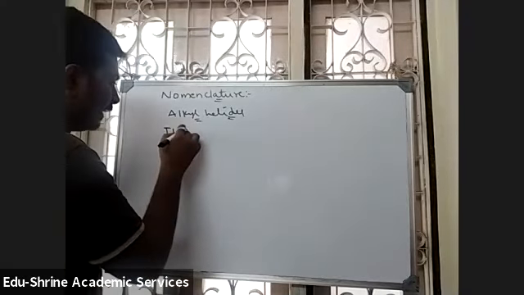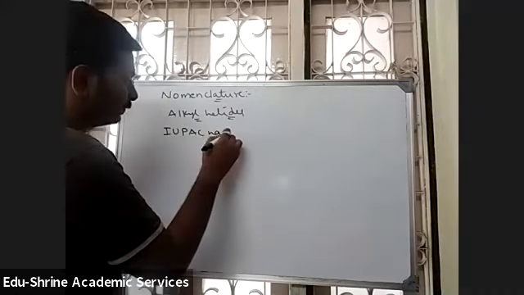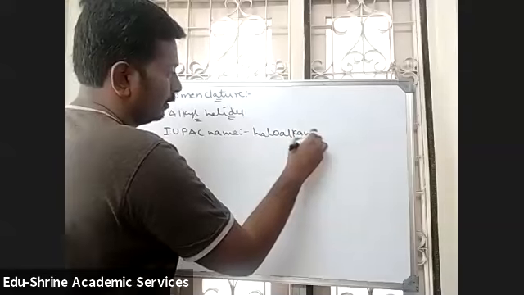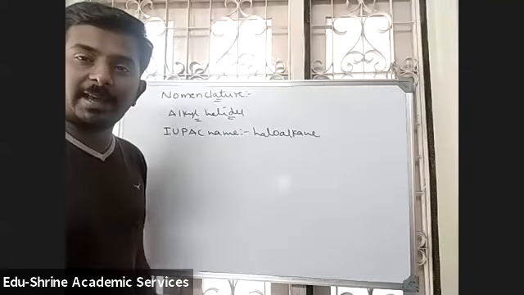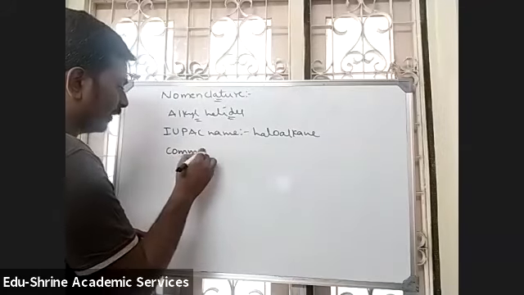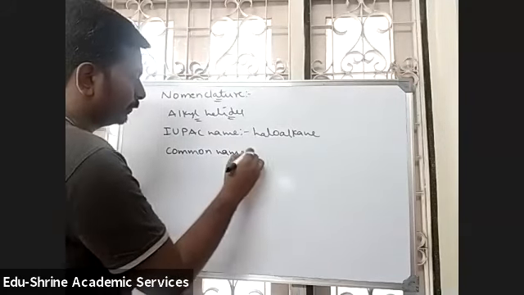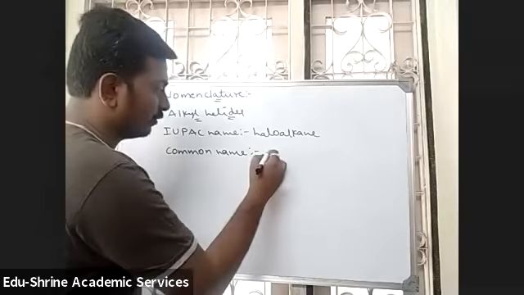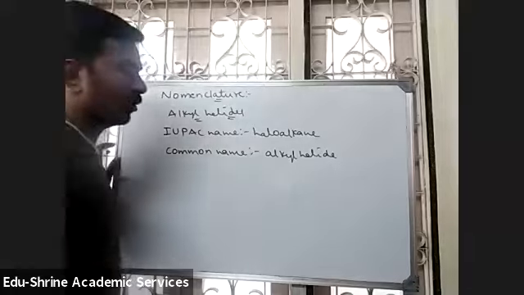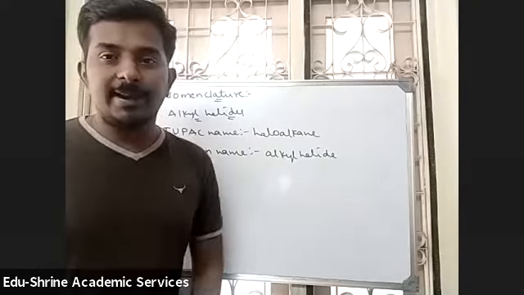The IUPAC name of alkyl halides is haloalkane, and the common name of these compounds will be alkyl halide.